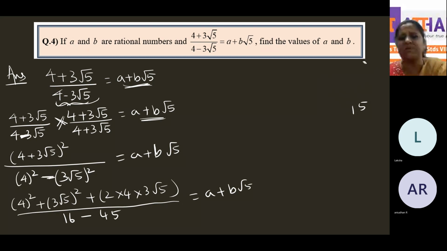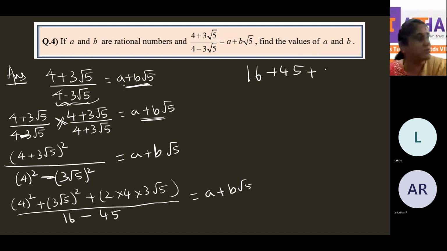Then what should you do? Keep simplifying the left hand side. What's the next step? 4 square is 16. What is 3 root 5 the whole square? Plus 45.